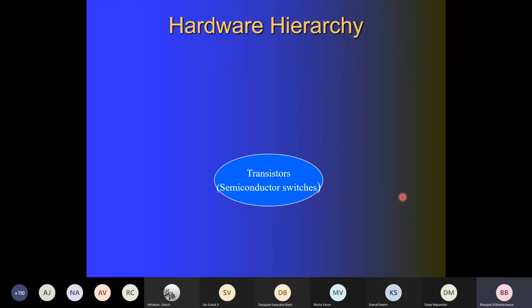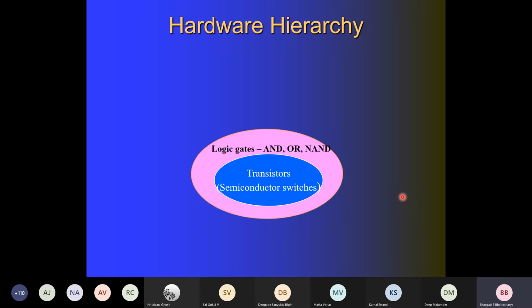By interconnecting several transistors suitably, you can form different kinds of logic gates or logic elements, and interconnecting logic elements, you can construct flip-flops and so on. At the bottommost layer, you have the transistors. These are the basic electrical elements, which are nothing but semiconductor switches, and they can have two states, either 0 or 1, or on or off.